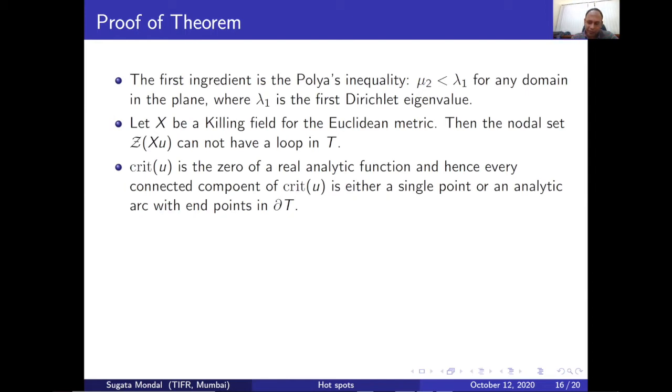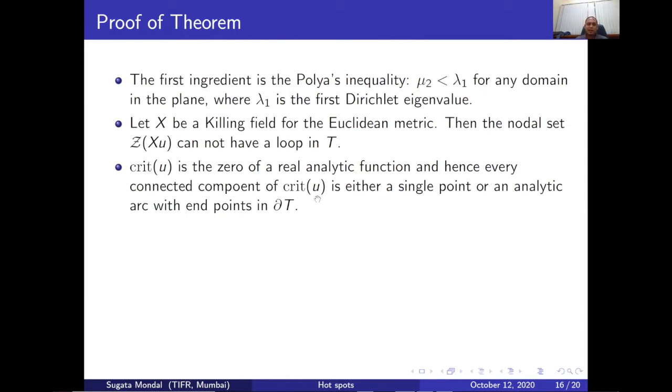So if you take the triangle and reflect along a side and then extend the function by the symmetry, then the function extends analytically to T union the reflected image along the side. So there is no problem on the sides. There are some issues around the vertices, but let's forget about that part for a moment.